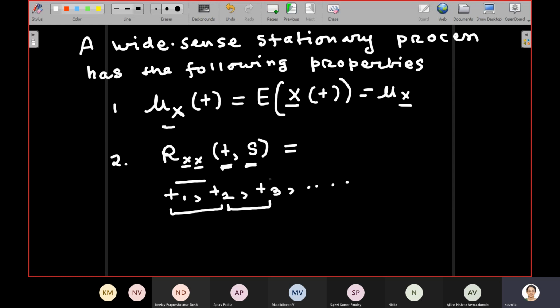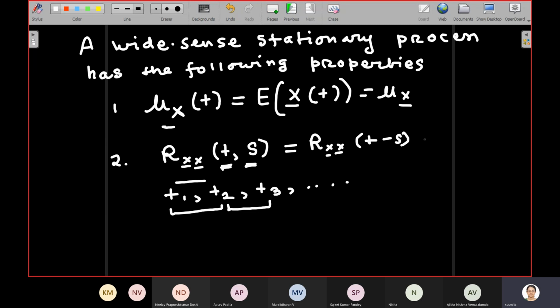So the correlation basically depends on the difference between the two time instants. So this we simply write as t minus s. So the difference between t and s is important here. Okay? As long as the difference remains the same, you get the same correlation. Okay?